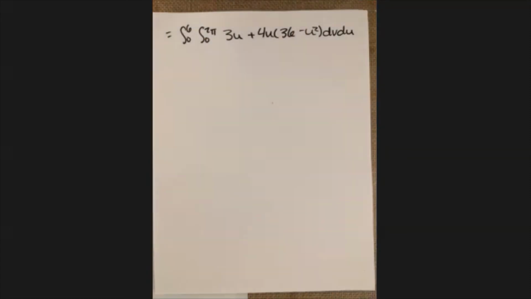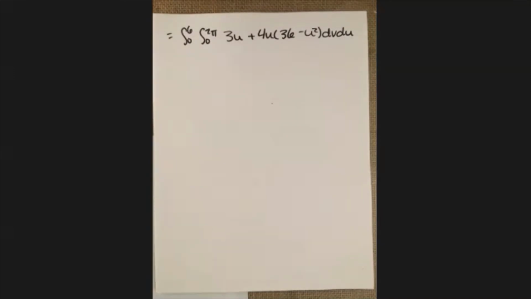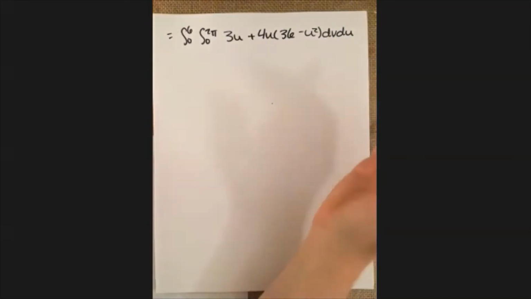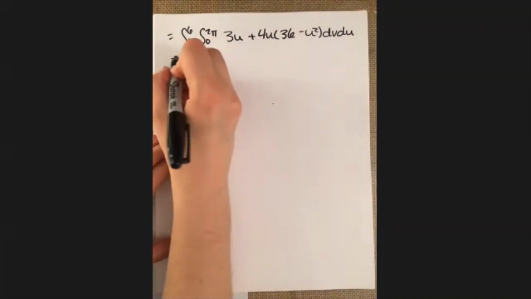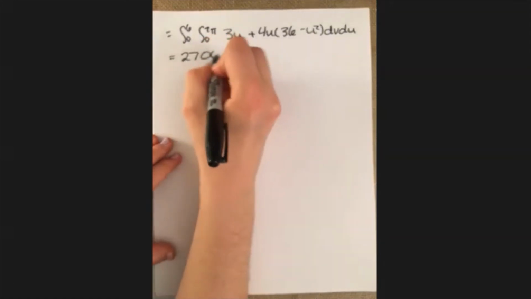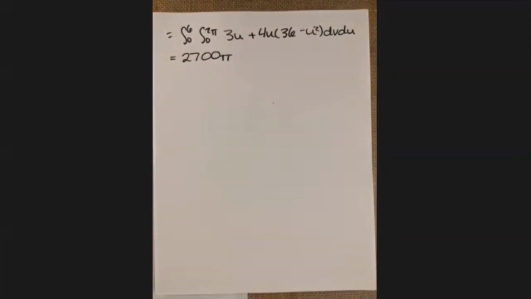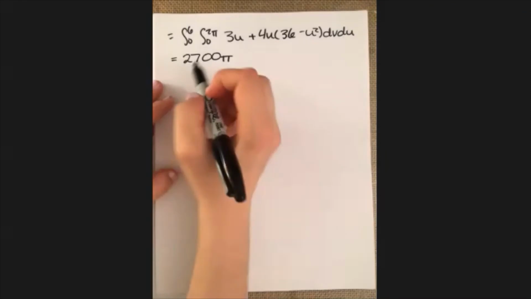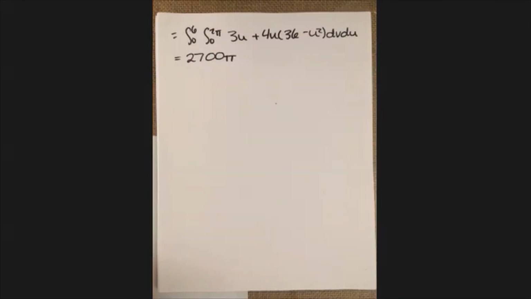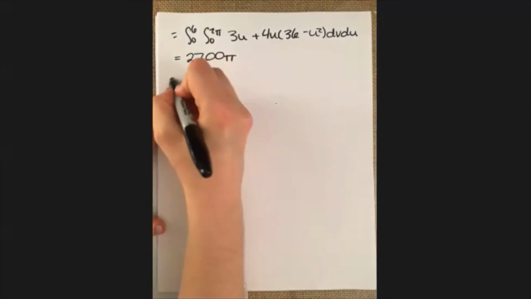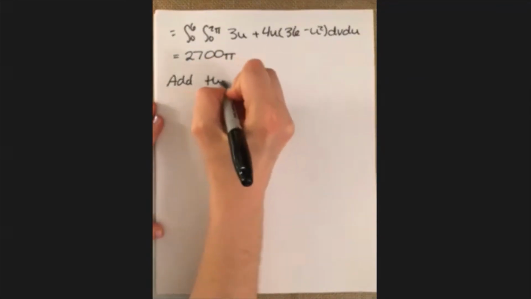At this point, it's quite simple to calculate. You just use standard integrating methods, no fancy tricks or anything like that. You're going to get 2,700 times pi out of that. So this is the piece from the paraboloid. And we had from earlier that we got a negative 108 pi from our disk at the bottom. So we have to add our two pieces together.